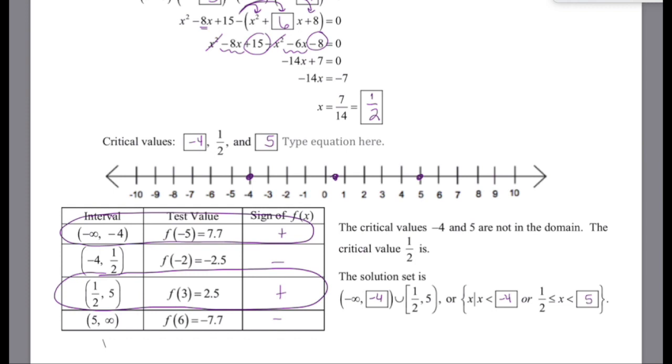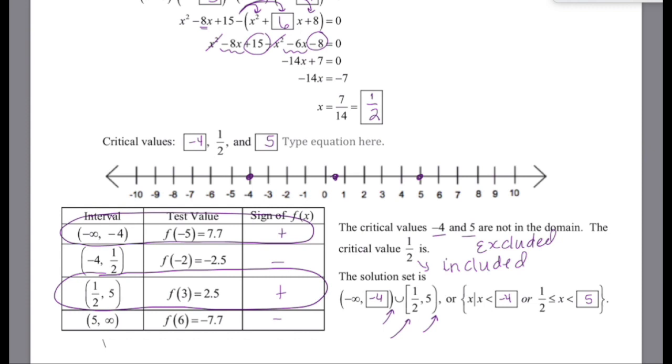Again, we want to make sure that negative 4 and 5 are excluded because those are the places with which we would end up with a 0 in our denominator. And because our inequality is greater than or equal to, this piece, the half, is included. Hence why we have parentheses here and here for the excluded values that would give our denominator a 0, but yet our half is the included piece.